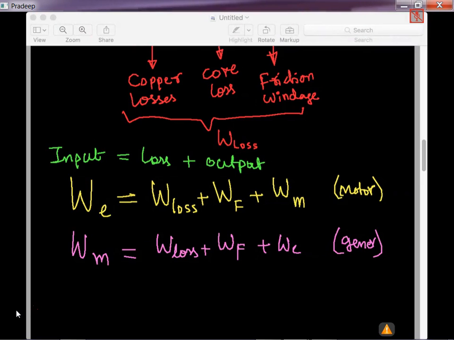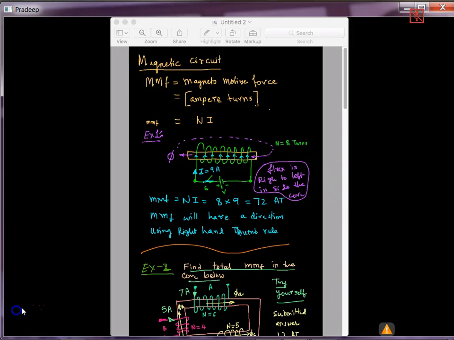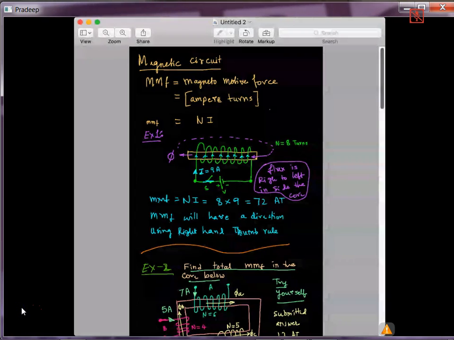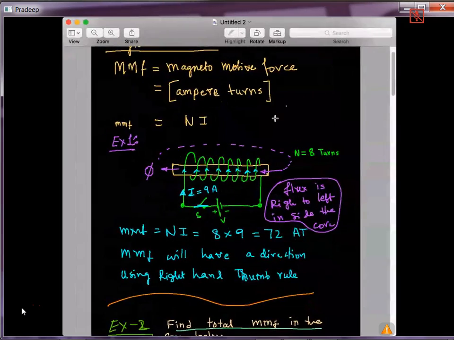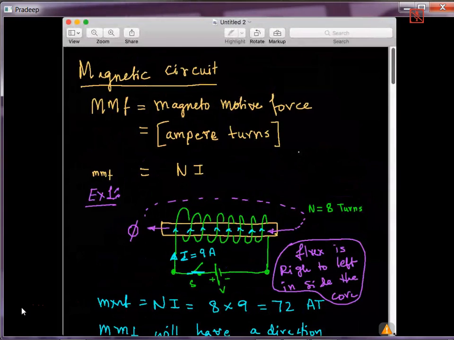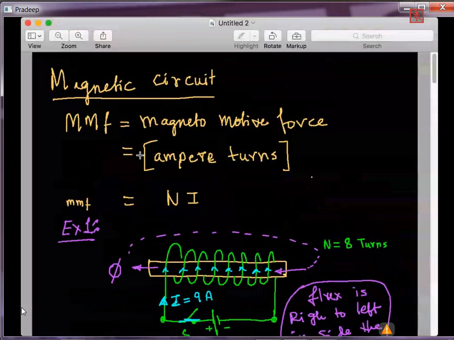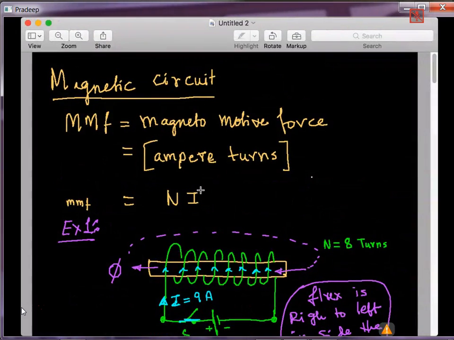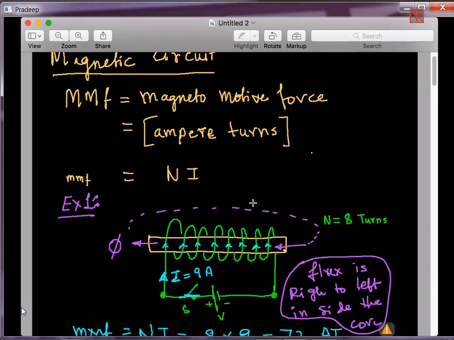Apart from this, we have also looked at some small example problems. We started discussing what a magnetic circuit is, and inside the magnetic circuit I said magnetomotive force is the source of the magnetic field, and MMF is measured in ampere turns, that is Ni.